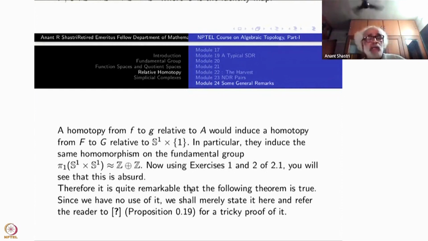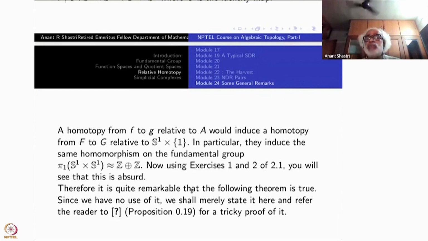So finally, I conclude with one of the theorems that I have read from Hatcher's book, which says that though arbitrary homotopies are not possible, homotopy equivalence is possible, which is a very remarkable result because it is just a borderline thing.